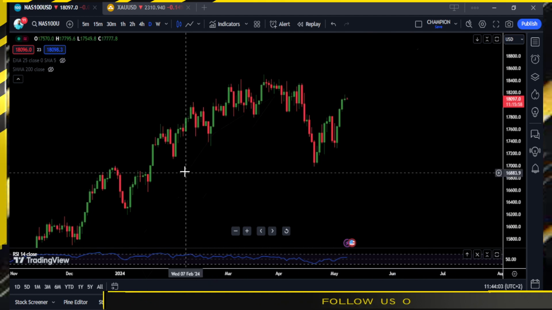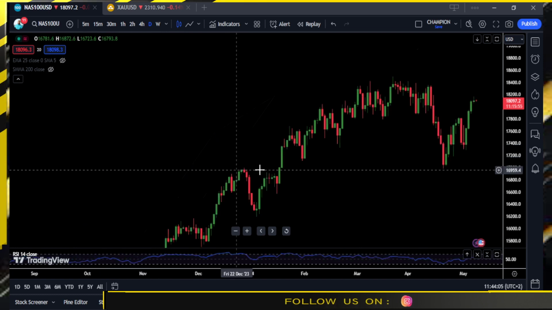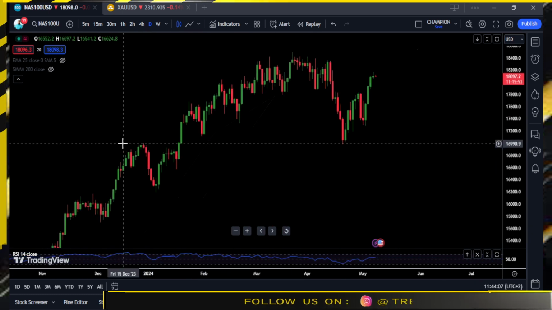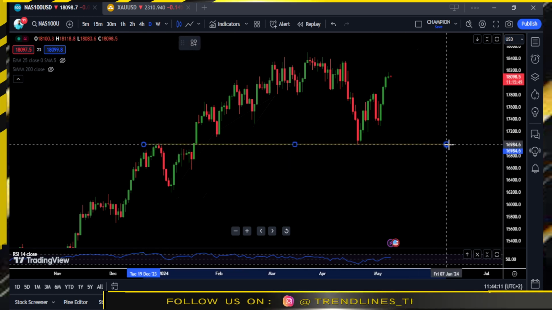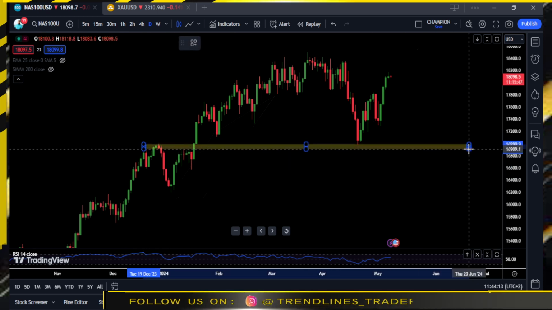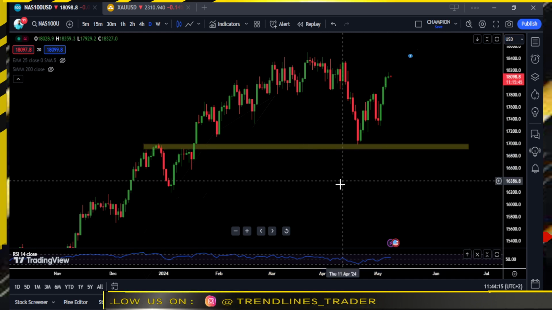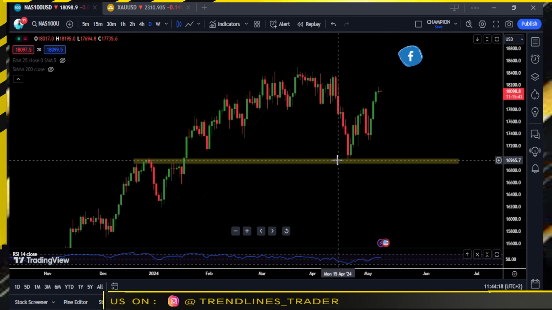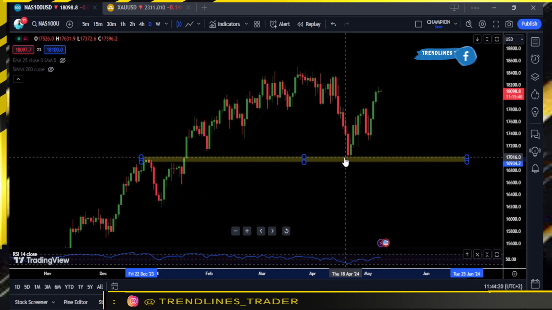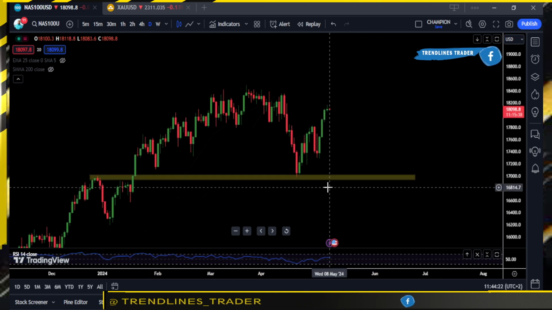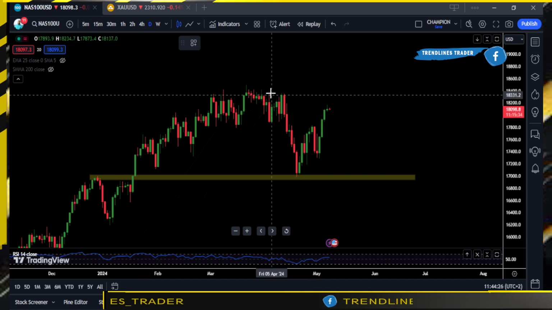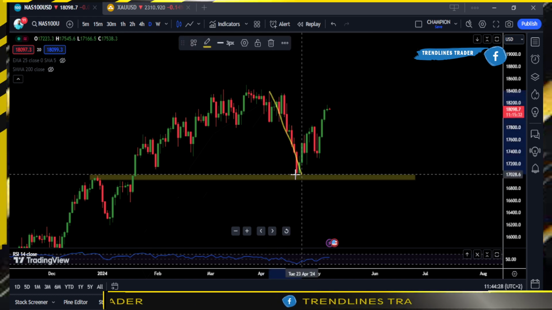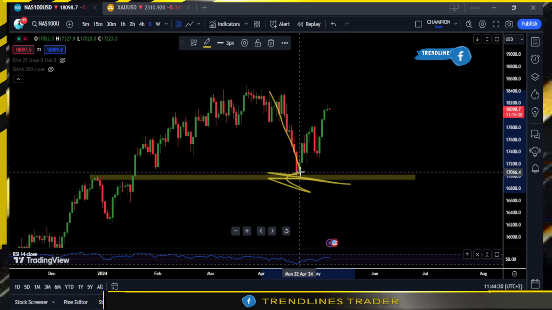When we look at our structure, you can see we have previous support, previous resistance turned into our daily support. One thing you can see is the price managed to present the pullback to retest the area.